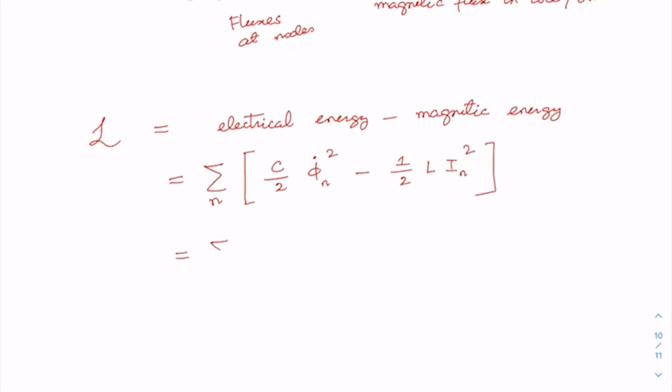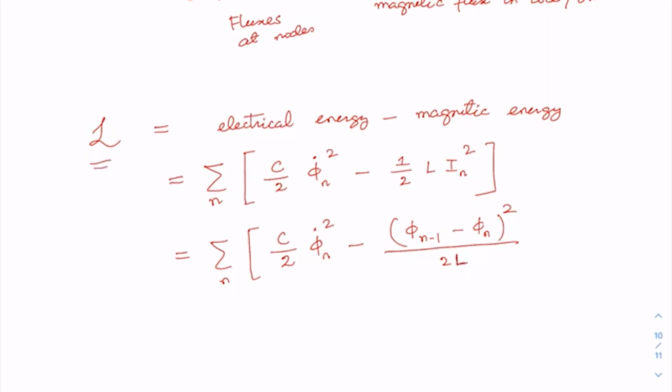I can write this as C by 2 phi n dot squared minus, now I can express this current in terms of the magnetic flux, phi n minus 1 minus phi n whole squared divided by 2L. Here this curly L is the Lagrangian and this L is our inductance.